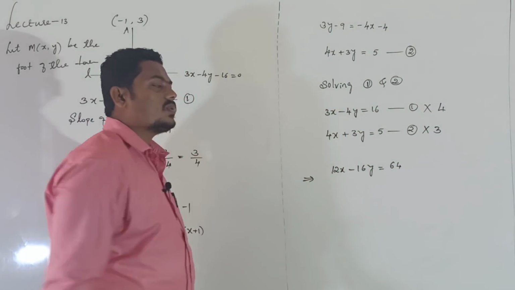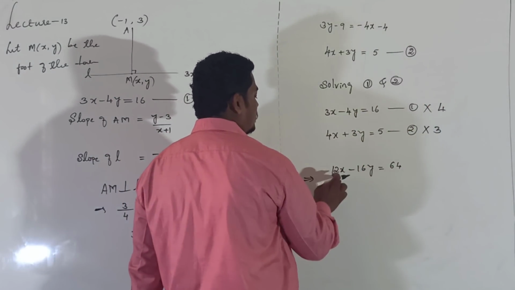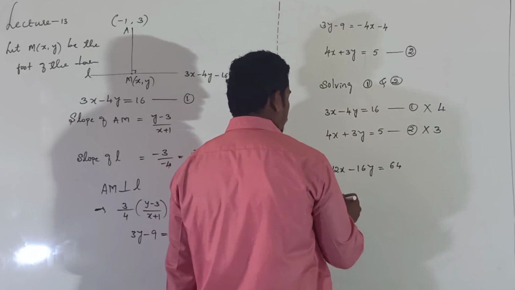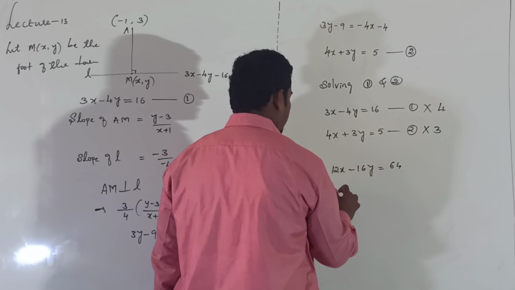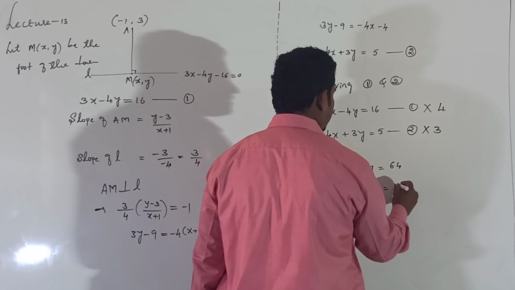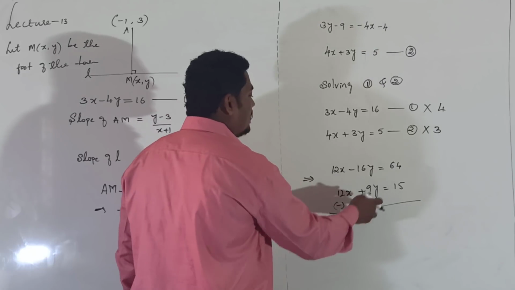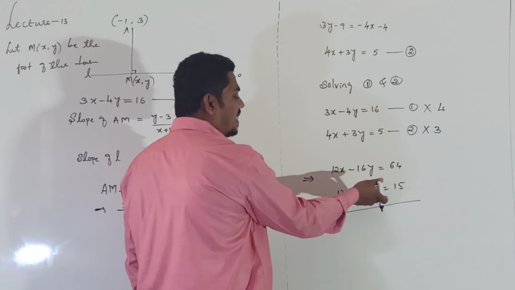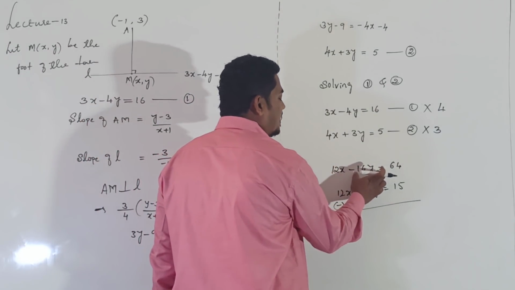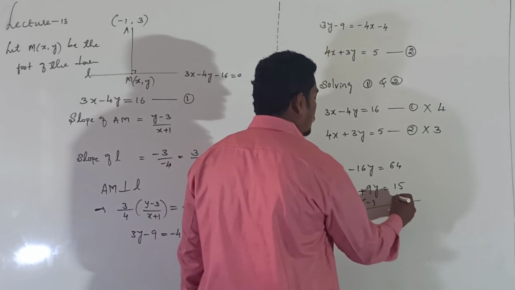Multiply every term by 4. 4 into 3 is 12, 4 into 4 is 16, 4 into 16 is 64. Then multiplying equation 2 by 3, it will be 12x plus 9y equal to 15. Now subtract this equation from the previous equation, so just reverse the signs, right?